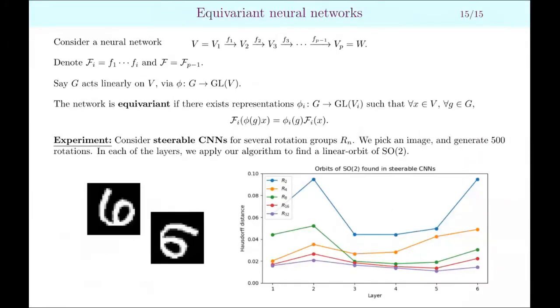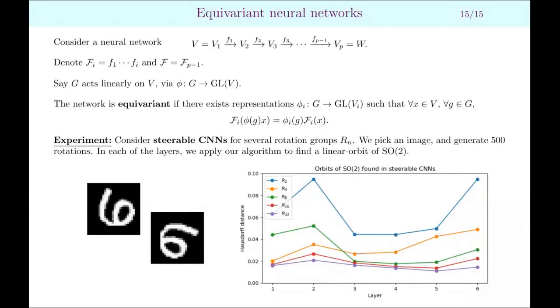comment about, so this was actually what launched the project. There is this very interesting architecture property of neural networks called equivariance. So this is a neural network. Capital F will be the concatenation of the first functions.